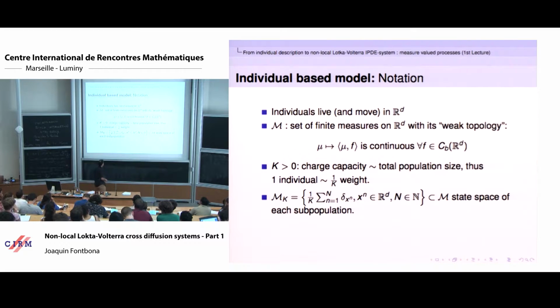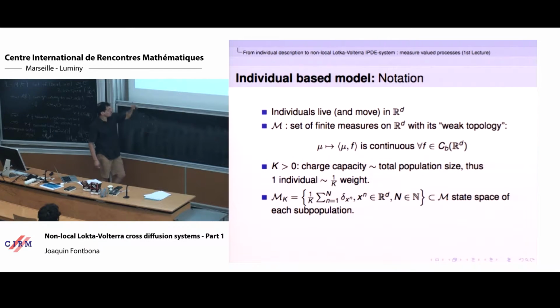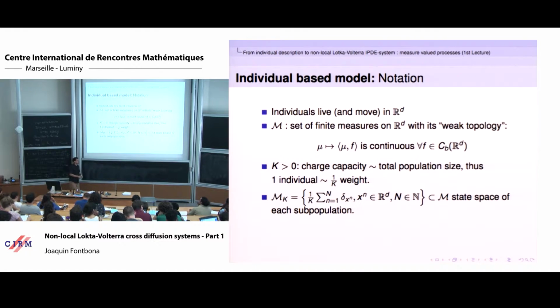Okay, so as I said, the idea is to represent the individuals as points in my domain, and the complete population I will represent in terms of the measure which tells me where these points are and their weight. The weight of each individual will be 1/K, so I will just take a sum of Dirac masses at the positions of the individuals, each one with mass 1/K.